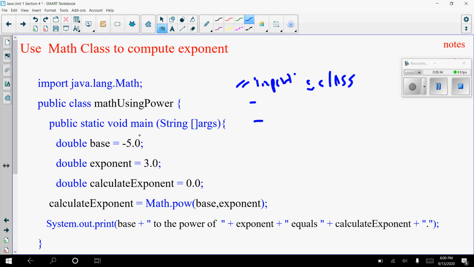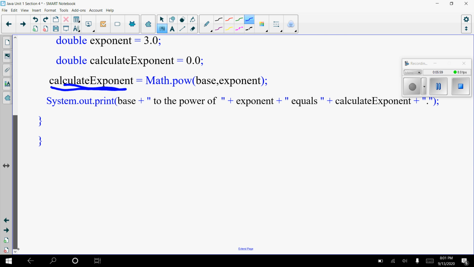Notice the camel case. So we're calculating exponent. We're calling this variable now. We're using a math operation with the base -5 and the exponent 3. So hopefully this is now going to turn into, I'm guessing, -125.